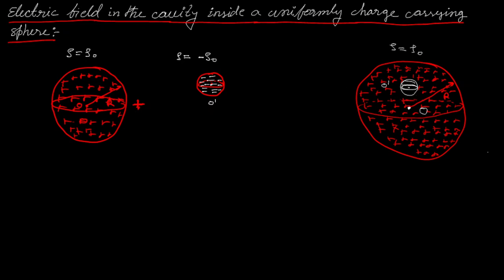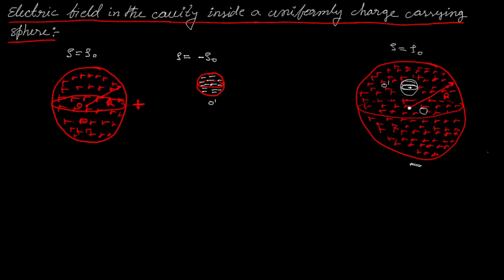So we have to calculate the electric field for this case, where we have a uniform charge carrying sphere, and inside it we have made a spherical cavity. That means in this cavity region there is no charge. If we want to calculate the electric field inside the cavity, we cannot directly use Gauss law, because of this cavity the charge distribution has no more spherical symmetry.